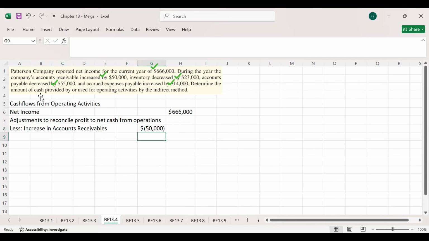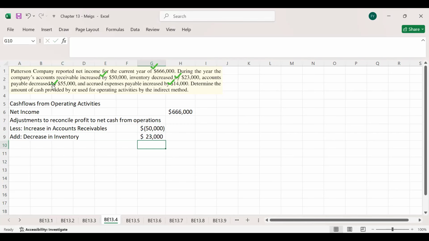Then inventory is decreased. Whenever an asset is decreased, this means that the cash is increased. There's an inverse association between cash and current assets. So we add the decrease in inventory, which is 23,000.